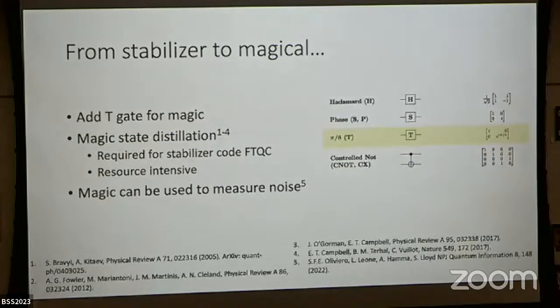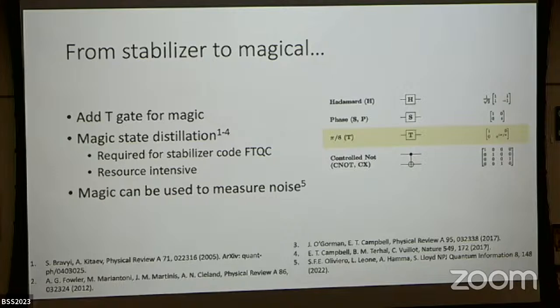Okay, so now we want to go away from these stabilizers and into something that has magic. One way you can do that is to add a T gate, which was already mentioned, right? T gate or magic gate. And that's what this gate looks like here. Another context you might have heard of magic states is magic state distillation protocols for quantum error correction.